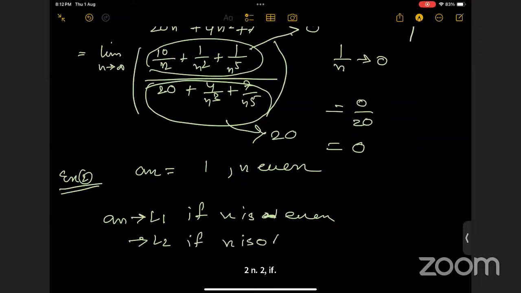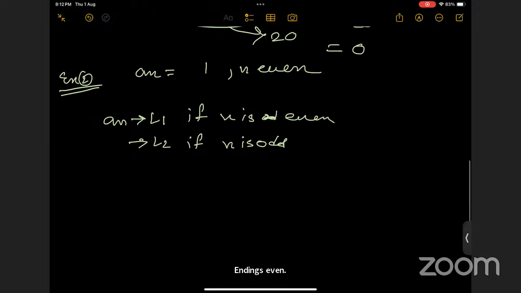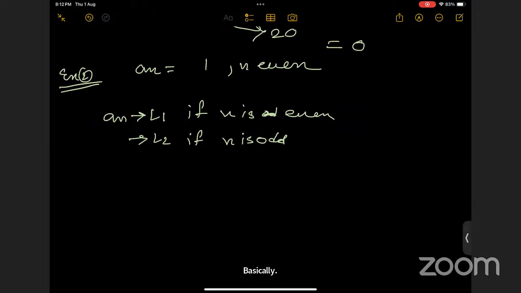Now, what will the function converge to? Basically, the subsequences converge to different limits. So what about the original sequence, the mother sequence, where does it converge to? For this we have a result.